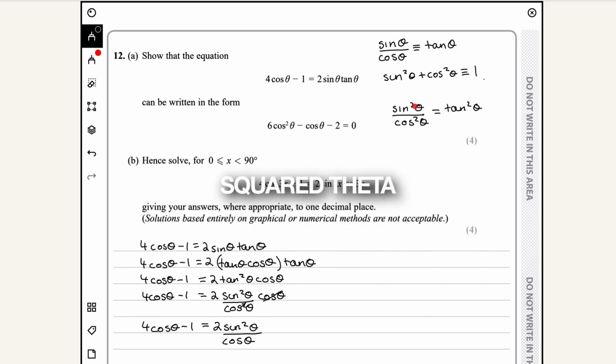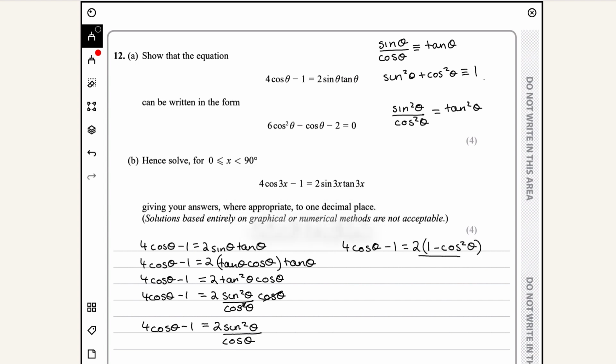Sin squared theta I have over here, and sin squared theta, remember, is the same as 1 minus cos squared theta from this one here. So on the left hand side 4 cos theta minus 1 equals 2, and I can replace sin squared theta here with 1 minus cos squared theta. So I have 1 minus cos squared theta over cos theta.